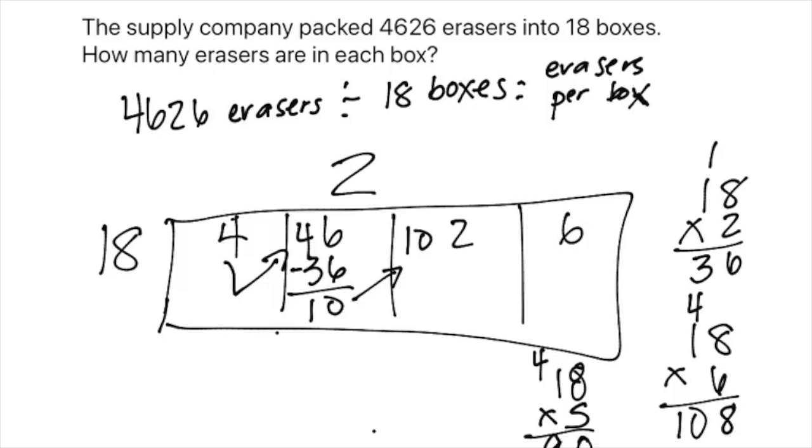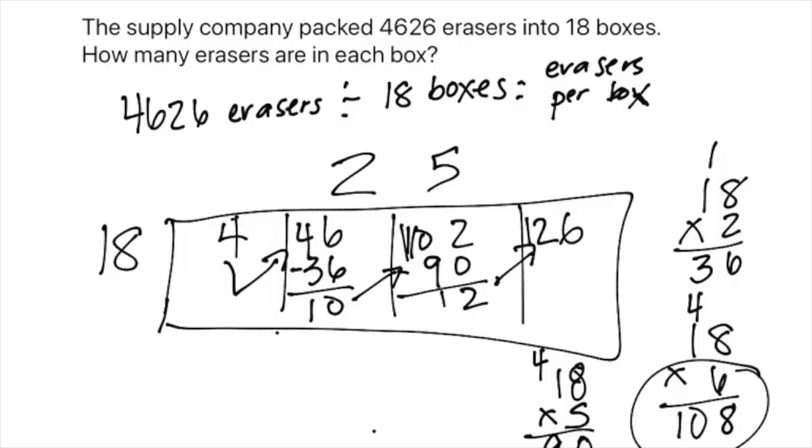So now I am going to subtract 90. I'm going to put my 5 up here. I'm going to borrow from next door, and I have 12 remaining. I'm going to bring this over, and I have 126.